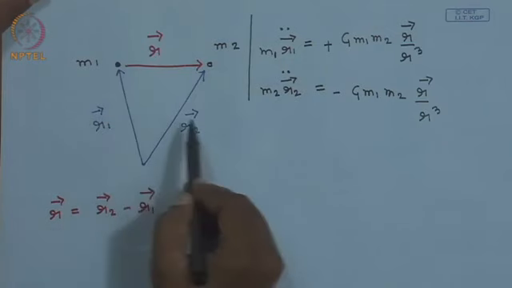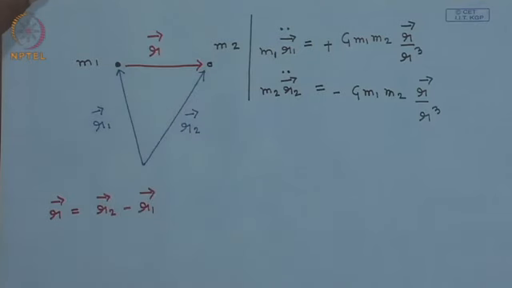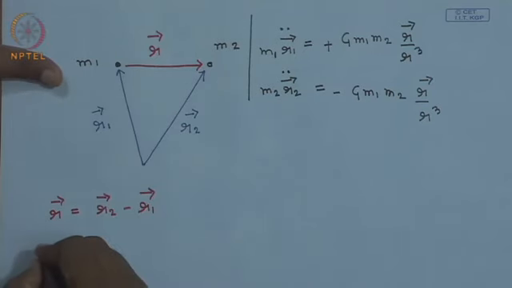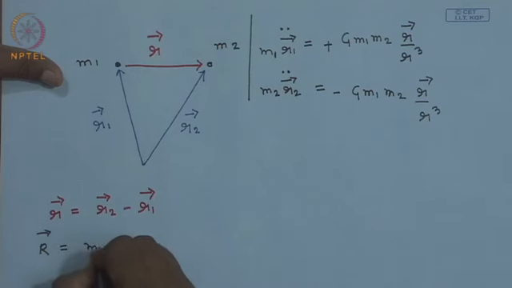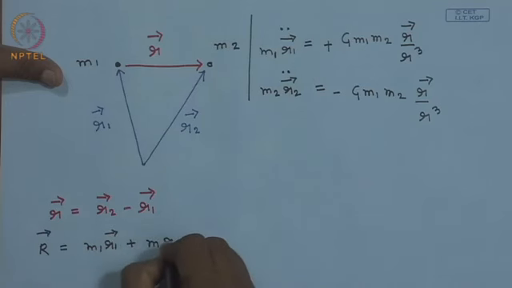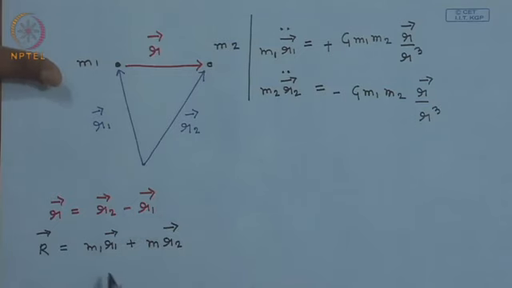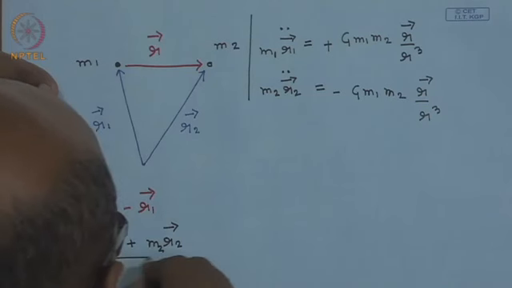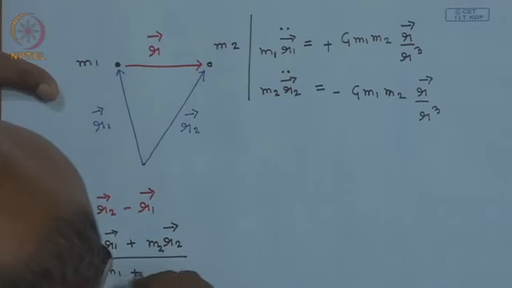Instead of using r1 and r2, which refer to the two individual particles, it is convenient to use different coordinates, and these are the relative displacement between the two particles, which we have already introduced, and the position of the center of mass R. Center of mass is defined as the weighted average of the two vectors, m1 r1 plus m2 r2 divided by m1 plus m2.